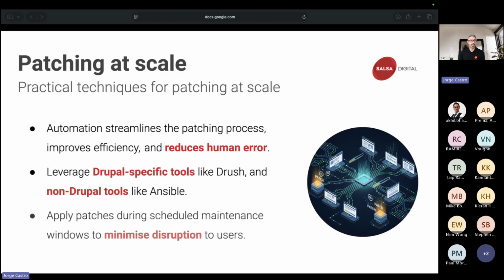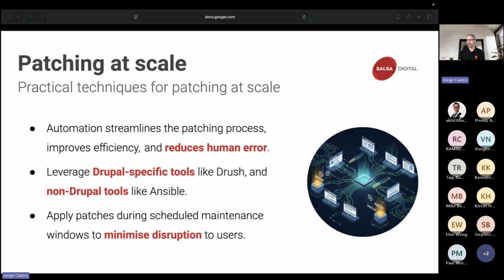All right, so moving to patching at scale. Once again, might be stating the obvious, but the cornerstone of scaling is automation. Especially now with the introduction of AI and other tools, we realize we're just humans, and humans have limited capacity, and we can make human errors as well.